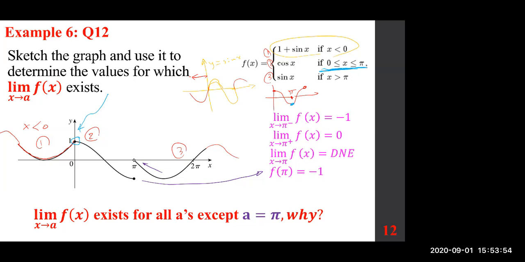We have 3 pieces. The first piece is 1 plus sine x. So you graph sine x, you shift it up by 1, and you keep the portion on the left side of 0. Okay, class? So the graph that I had in the beginning, you can lift it up by 1.